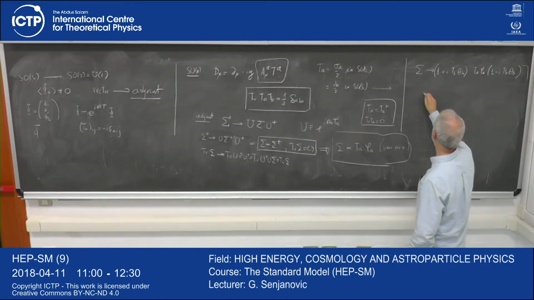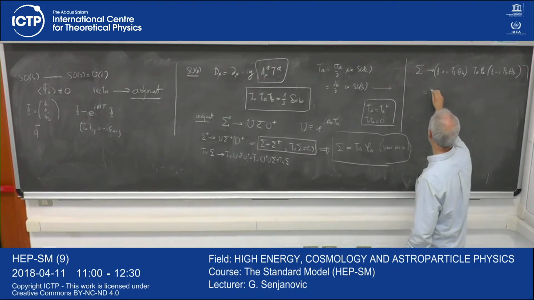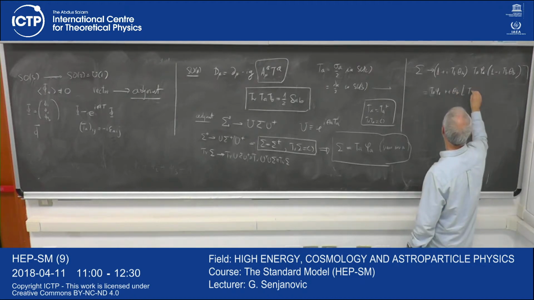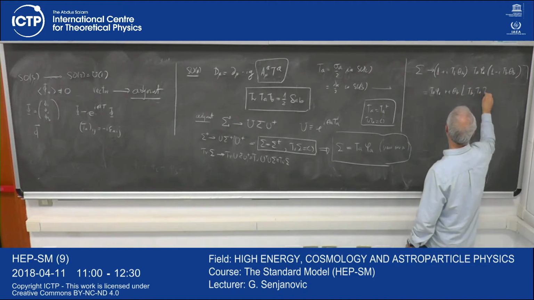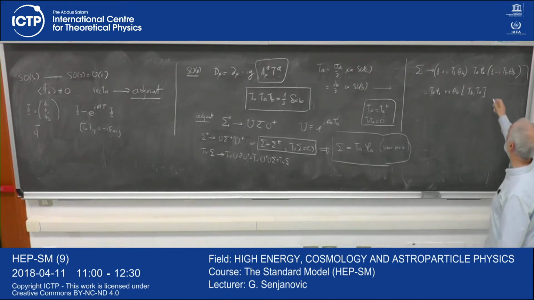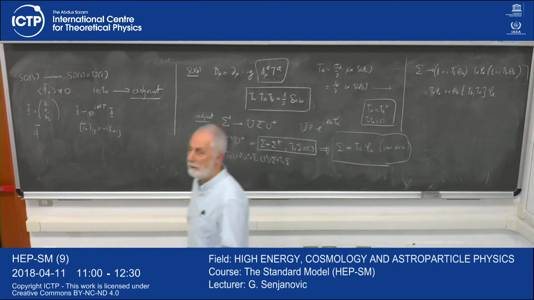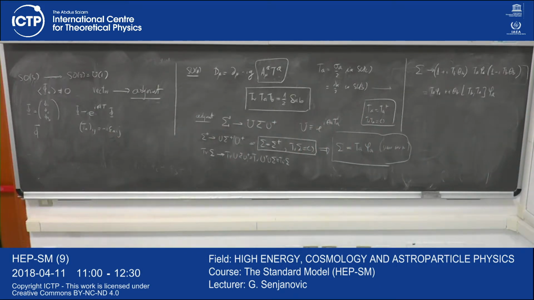So I will get sigma, well, why don't I write explicitly T^A phi^A plus i theta^B times the commutator of T^B with T^A phi^A. Are you seeing how it's emerging, this transformation property that you've seen? Because now the structure constants enter the game.